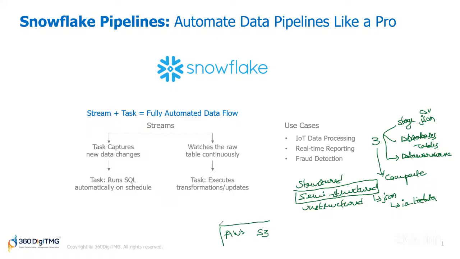Snowflake has the ability of building its data warehouses, databases, stages on top of these cloud object storages. We will choose one of the clouds, AWS. First, we will bring IoT data to AWS. From AWS, we will see how to create an integration with Snowflake.